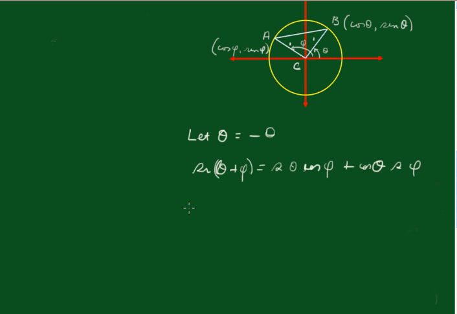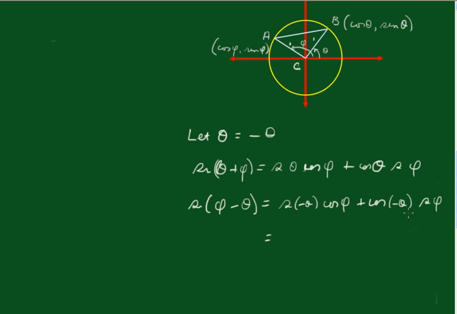We're going to write that the other way around, so it's the sine of phi minus theta is equal to, putting the minus theta in there, the sine of minus theta cos of phi plus the cos of minus theta sine of phi.